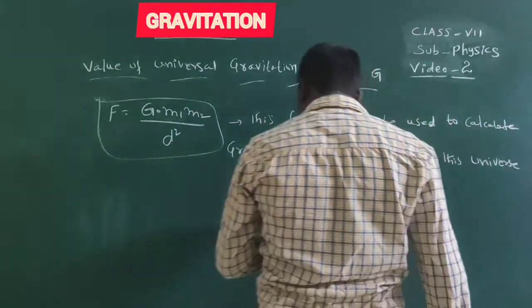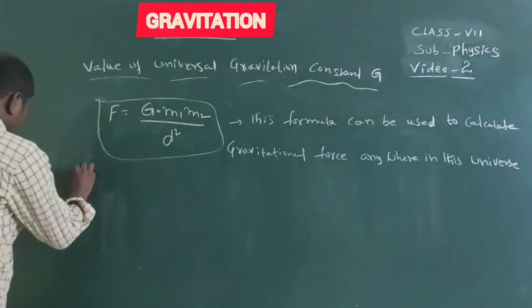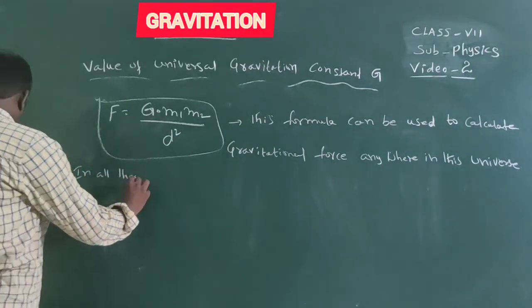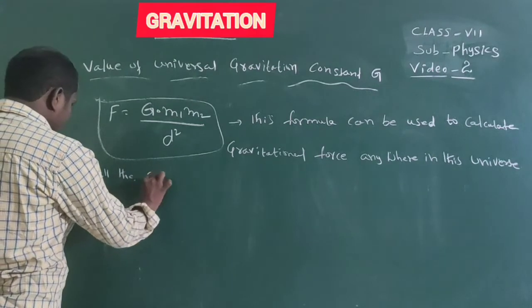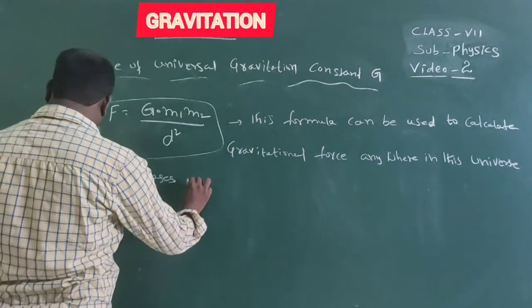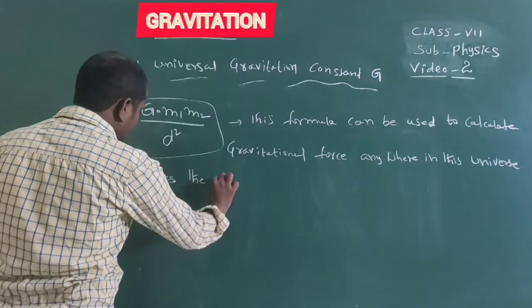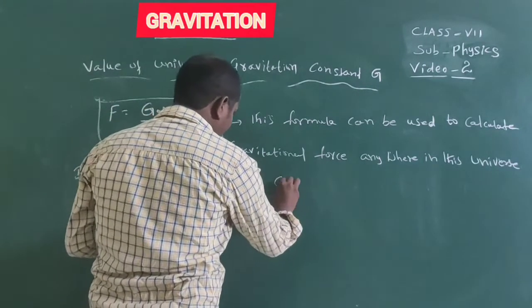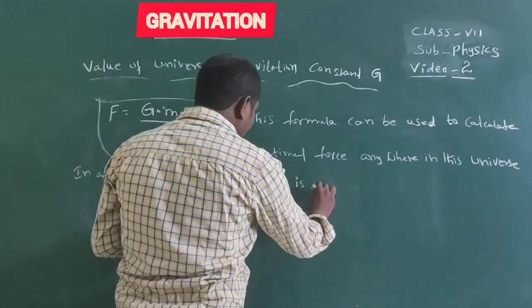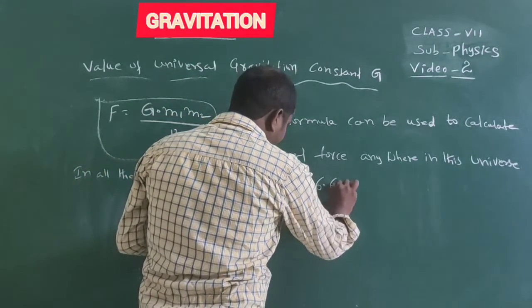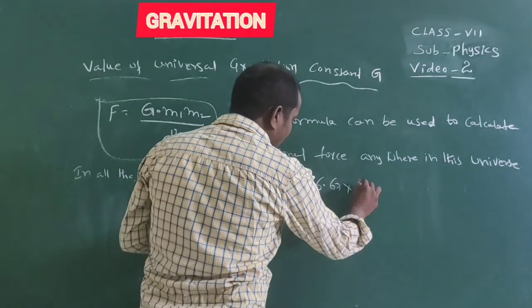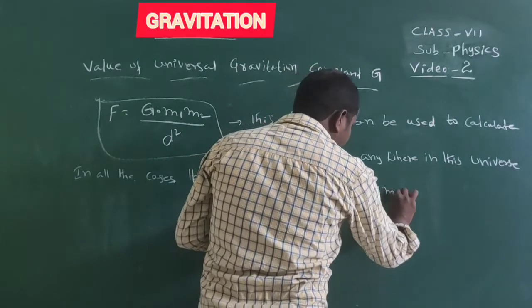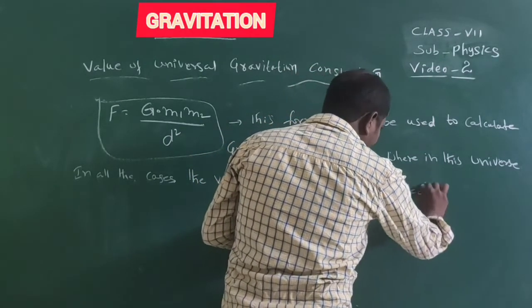In all the cases, the value of G is 6.67 into 10 power minus 11 Newton meter square by kg square.